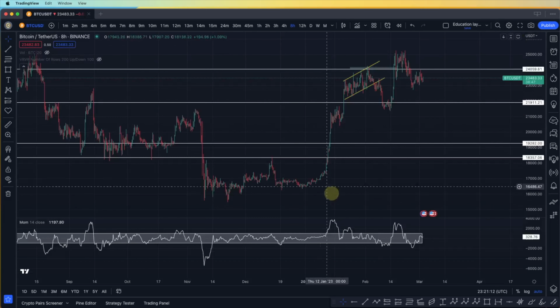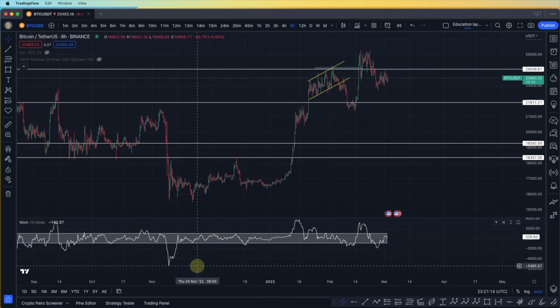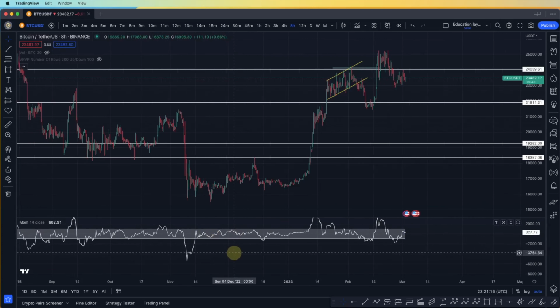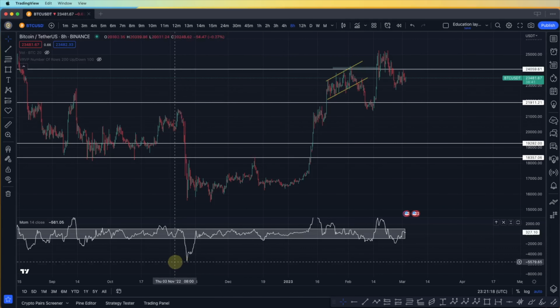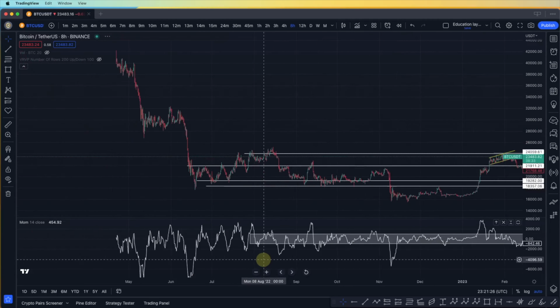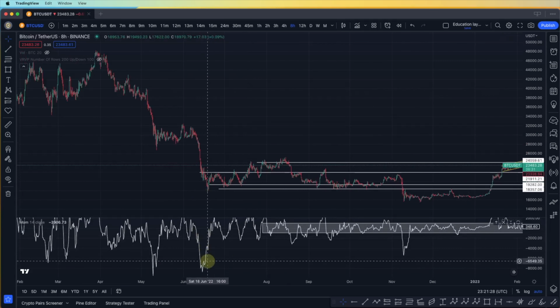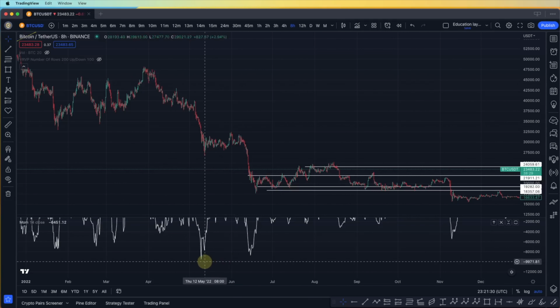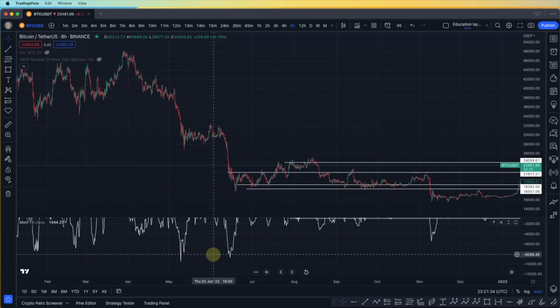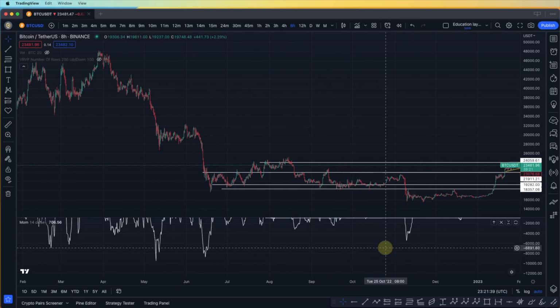I'm going to go to the chart. When we have a big movement on the momentum, one we didn't see before, that shows us the potential bottom based on the price action.